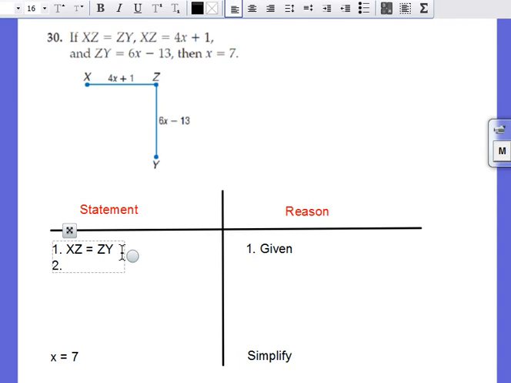All right, now the second statement. Now the second statement would be XZ is equal to 4x plus 1, and ZY is equal to 6x minus 13.